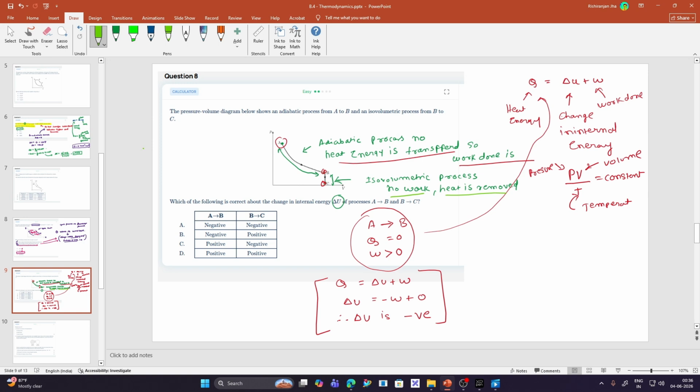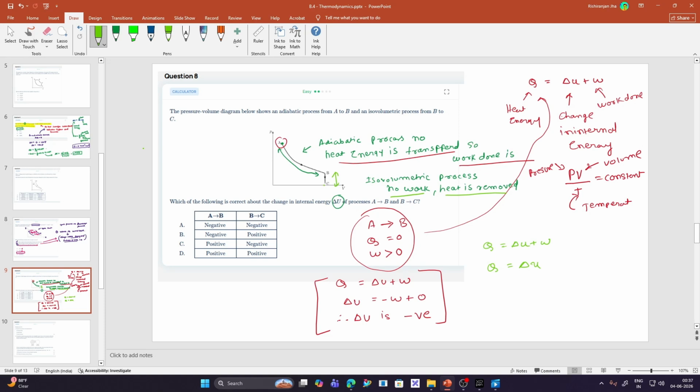So if we plug this into the equation Q is equals to delta U plus W, we get Q is equals to delta U. But if we look, let me just rub it so you will understand. From point B to C, we can see that the pressure is decreasing at constant volume. So the volume is constant, but the pressure is decreasing significantly. So we can say that heat energy is removed in this process.